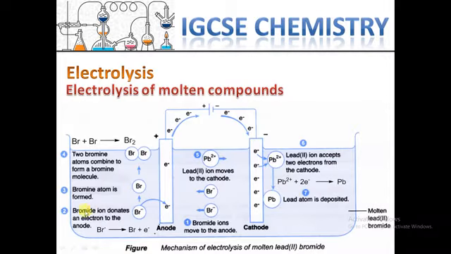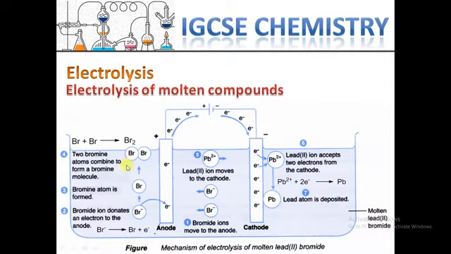Okay, here there is a comment. The bromide ion donates an electron to the anode, and then converts to a bromine atom. So each two bromine atoms can attract to each other, and then they can make a molecule form.